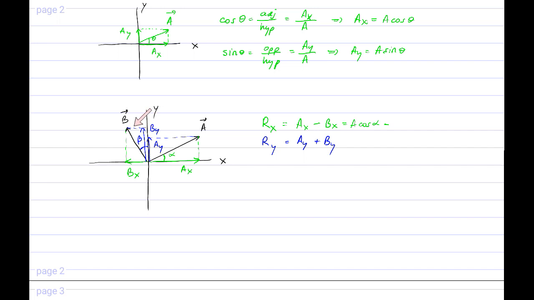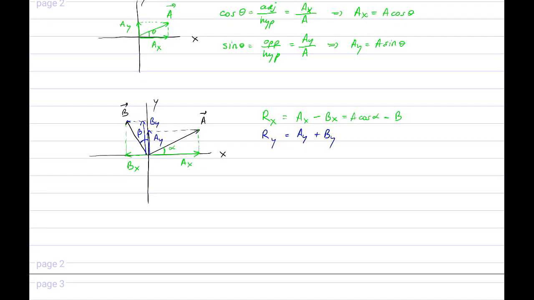And if I look carefully here, I have the angle beta with respect to the y-axis. So B x is the opposite in this right triangle. Opposite goes with sine. So when I subtract B x, it's actually negative B times sine beta.